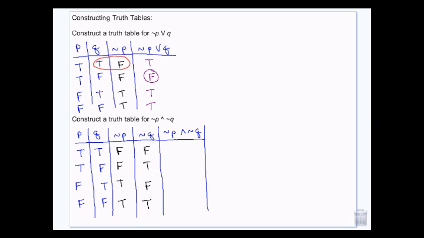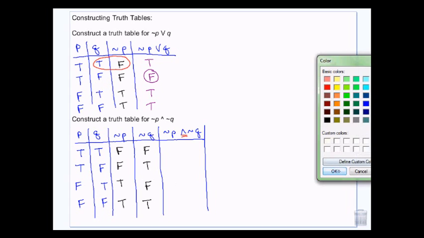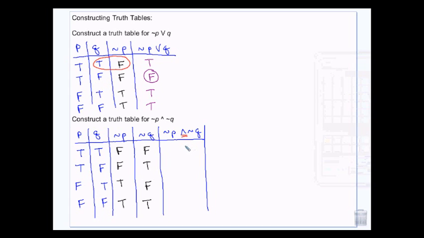And then I'm looking at an and. So when I combine these, I have to remember that they both have to be true in order for the final product to be true. So I have false and false is false, false and true is false, true and false is false, and true and true is true.